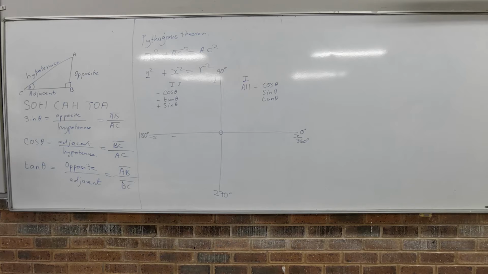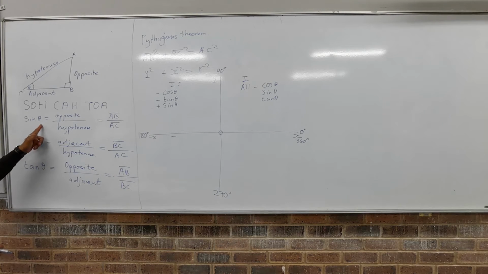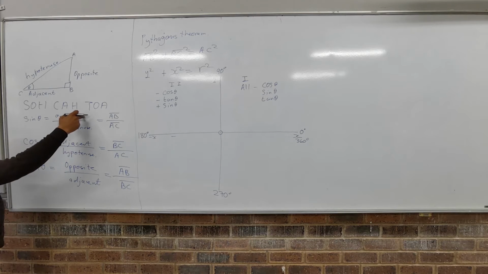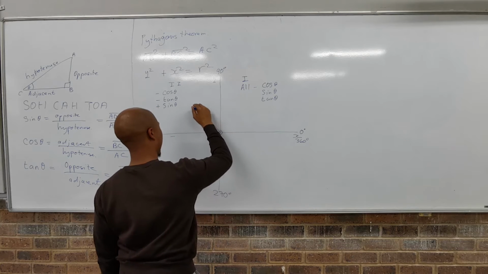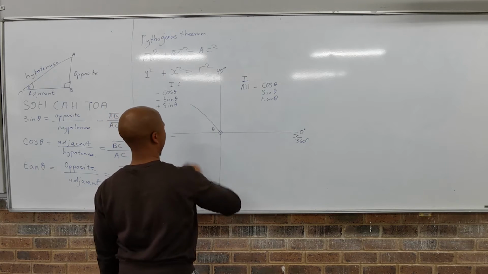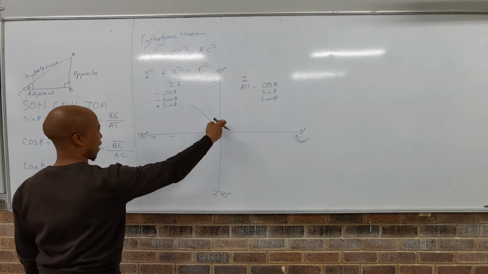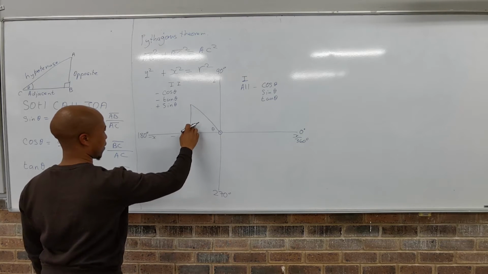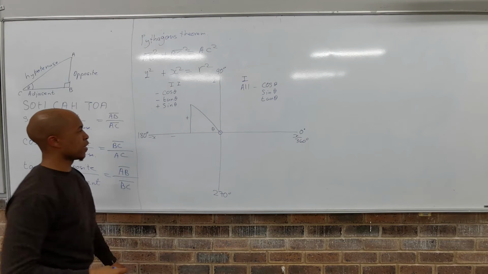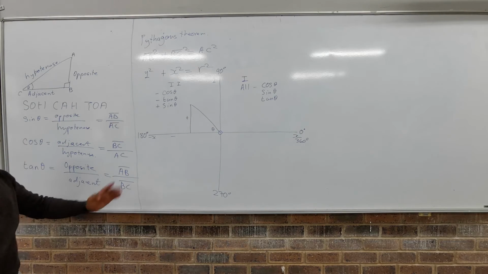Alright. Sine theta becomes positive because now, remember, the opposite side, let us just have a smaller unit diagram and have our theta there. So the opposite side here, it is still positive, meaning the y-axis is still positive.